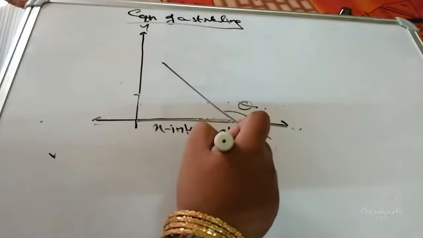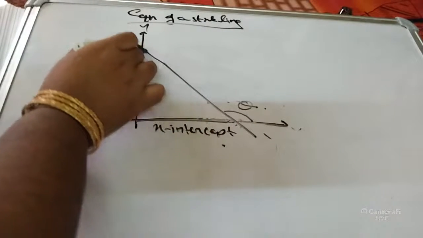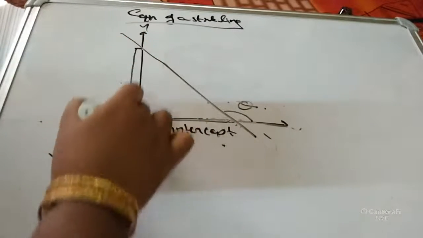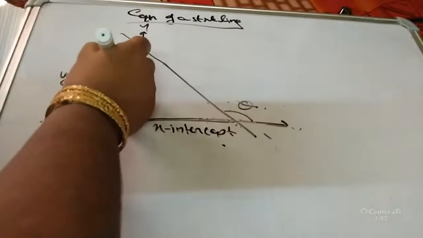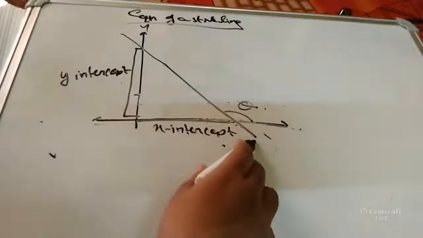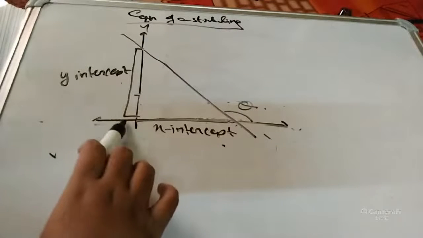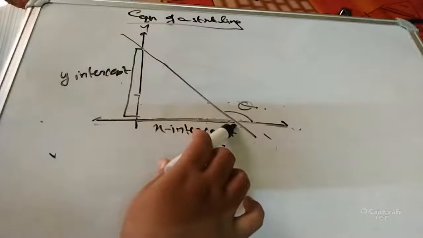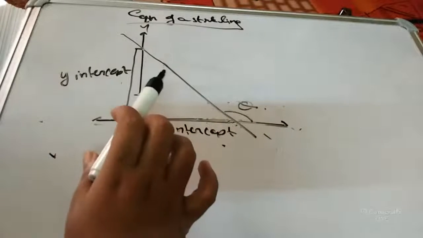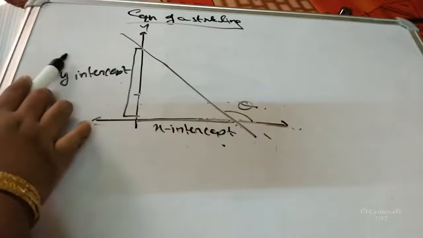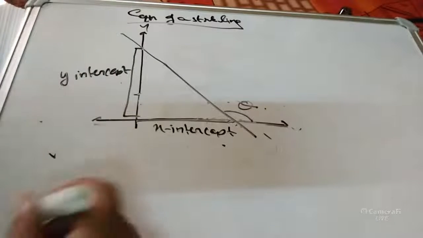And what is the y-intercept? The point or the length at which the line crosses the y-axis is known as the y-intercept. This is the x-intercept and this is the y-intercept. The distance between the origin and the point where the line cuts the x-axis is the x-intercept, and the distance between the origin and the point where the line cuts the y-axis is the y-intercept.